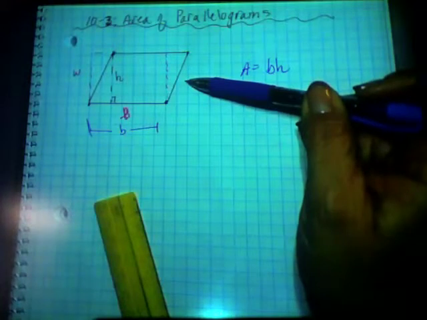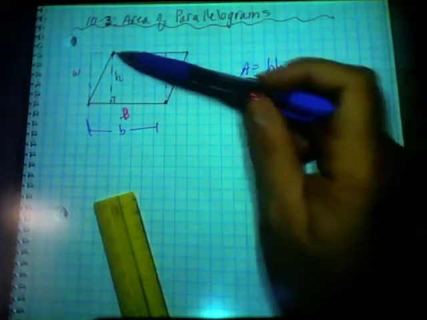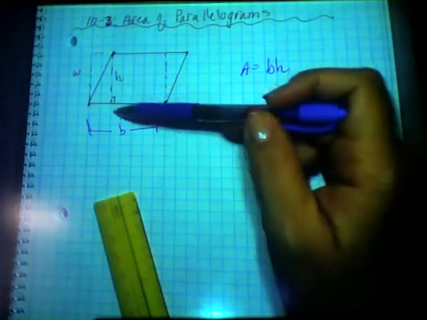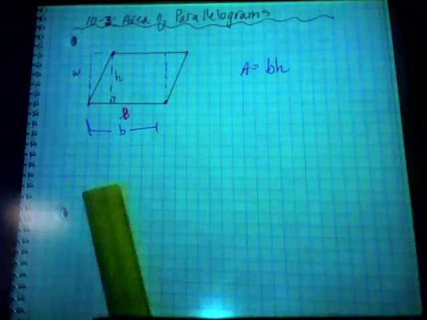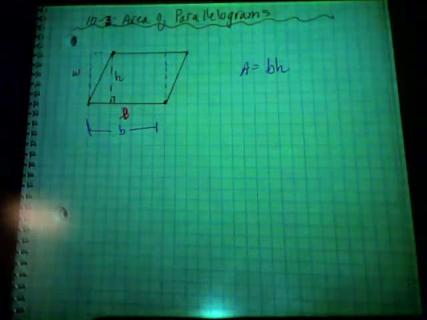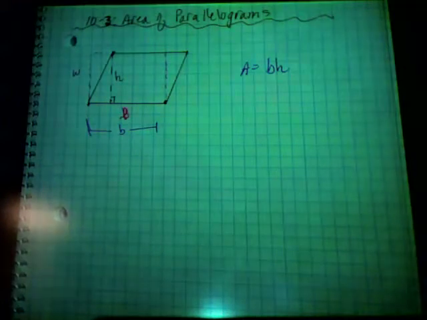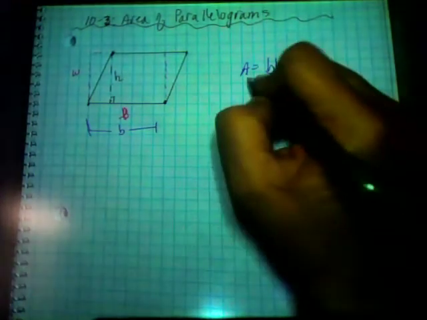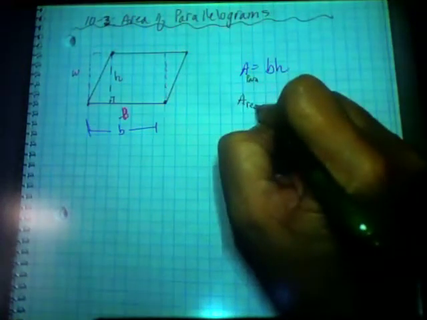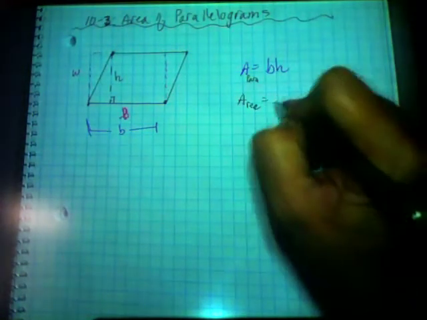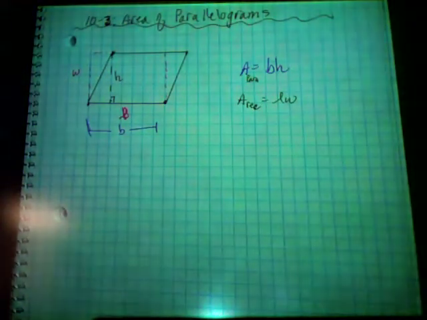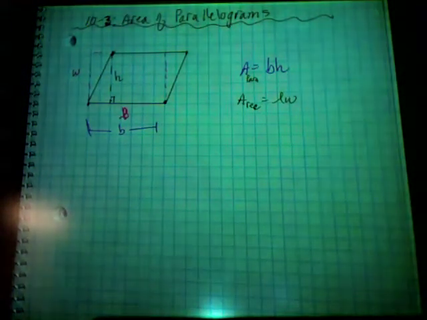Now we might have to use our knowledge of special right triangles or trigonometry in order to find the height of a parallelogram. So be aware of that. So also know that this is your parallelogram. So your area formula for a rectangle is equal to length times width, or also base times height. That's why oftentimes you hear people calling them the same.